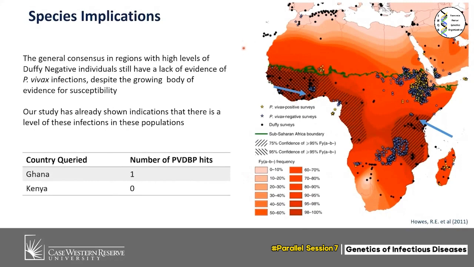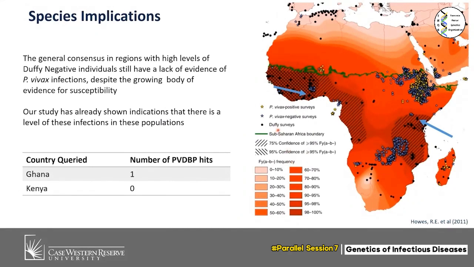And why this has some consequence to the appearance of Plasmodium vivax infection is because for the longest time, individuals believed that Plasmodium vivax couldn't infect Duffy negative individuals because the invasion mechanism is through the Duffy binding protein and thus the Duffy receptor. So it was believed for a very long time that Duffy negative individuals couldn't get vivax infections.